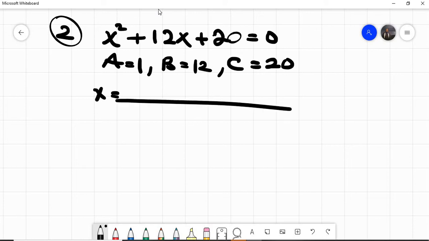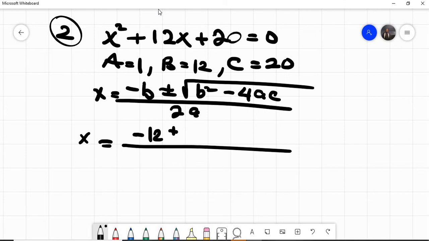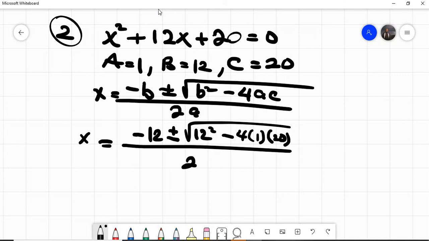Our formula is x equals minus b plus or minus square root of b squared minus 4ac, divided by 2a, and then we're gonna do the substitution. x equals minus b, which is minus 12, plus or minus square root of 12 squared minus 4 times a, which is 1, and c, which is 20, and then we divide by 2 times a, which is 2 times 1, just 2.